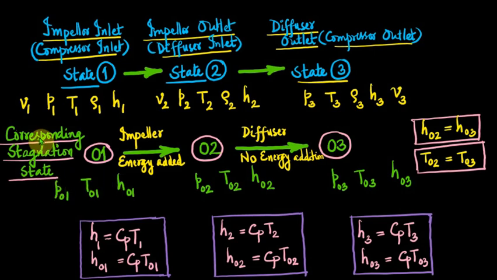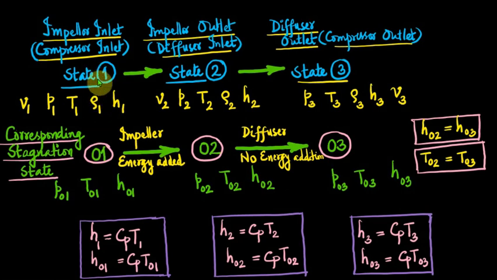Corresponding to the inlet state through the outlet state of the compressor, states 1, 2 and 3, we have corresponding stagnation states 01, 02 and 03. In the last class we discussed that the local stagnation state is a local reference state.